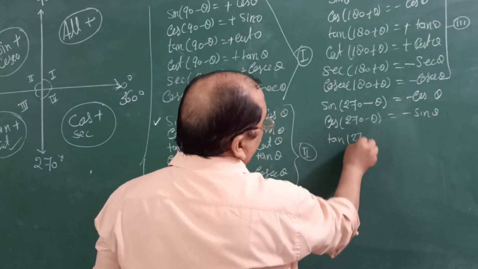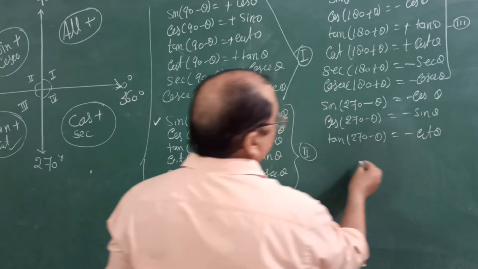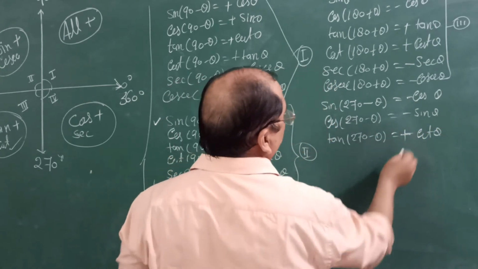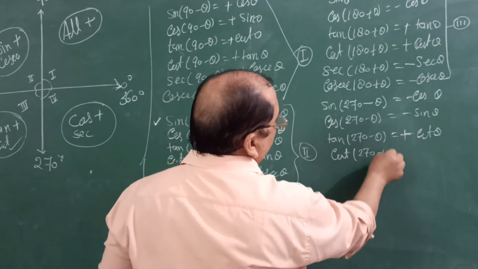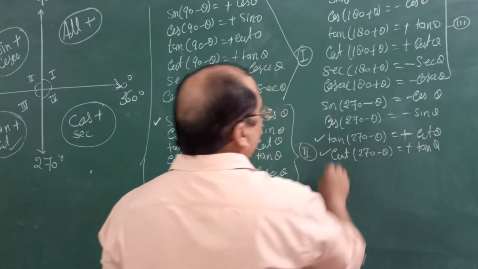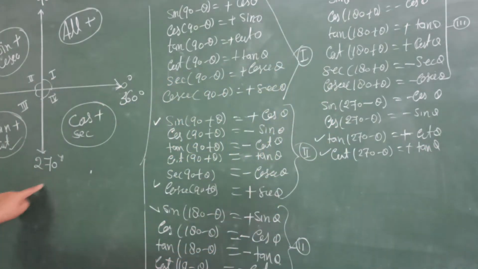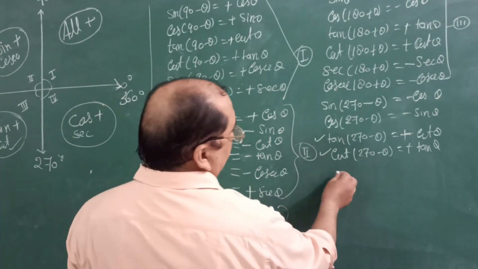Tan 270 minus theta equal to plus cot theta, because it is the third quadrant. Cot 270 minus theta equal to plus tan theta, and we know that 270 minus theta means the third quadrant will come. There tan and cot both are positive and the rest of them are negative.